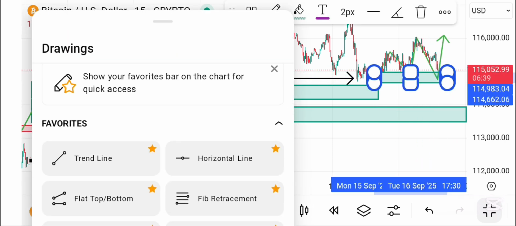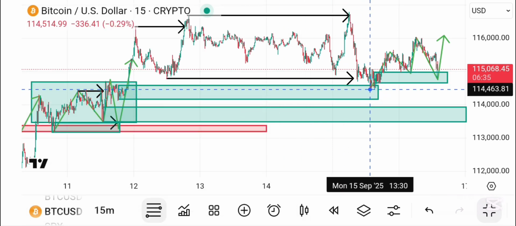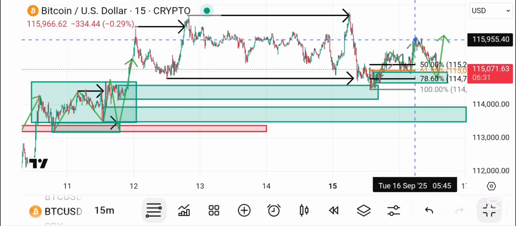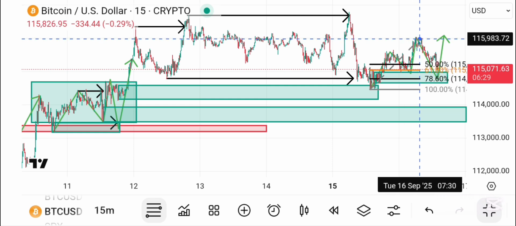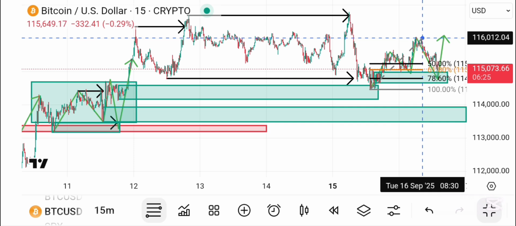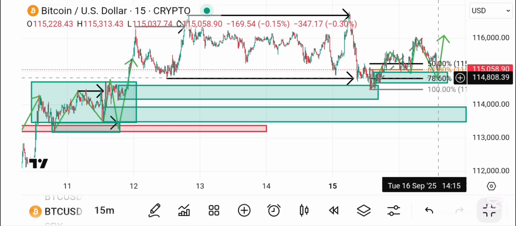Now if we use our Fibonacci retracement tool, you see from this range, the bottom to the top, in case of an uptrend, I'll just extend it right here so you can see it. This is the 70% of the whole range, or you can say the 78% of the whole range, right? This is it.